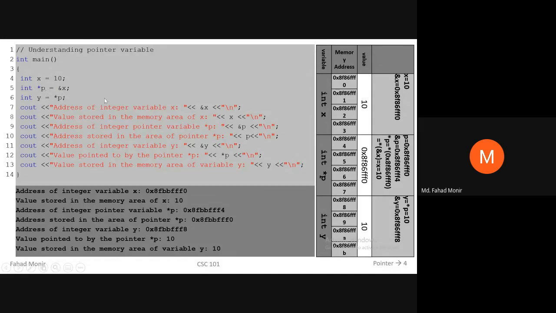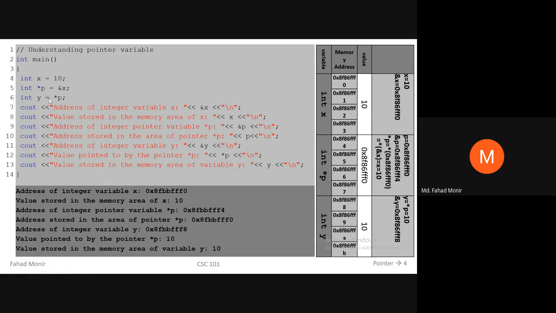If we print out cout asterisk of p, what is that going to give you? Sir, 10. That is going to give us 10, right? Yes. Now, if that is 10, what will happen for this case? Integer y equal to asterisk of p.